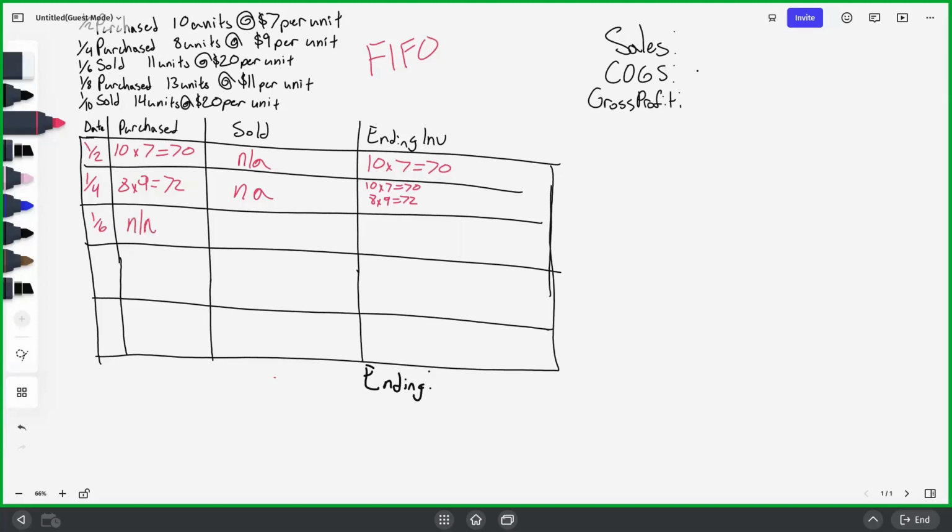So we did not do any purchases, so we put NA for purchase, but we sold 11 units. What's the price of those 11 units? They're doing FIFO. We're taking the 10 units from before, bringing it down, and we're taking 1 unit from the 8 units, and that's $9. Perfect.